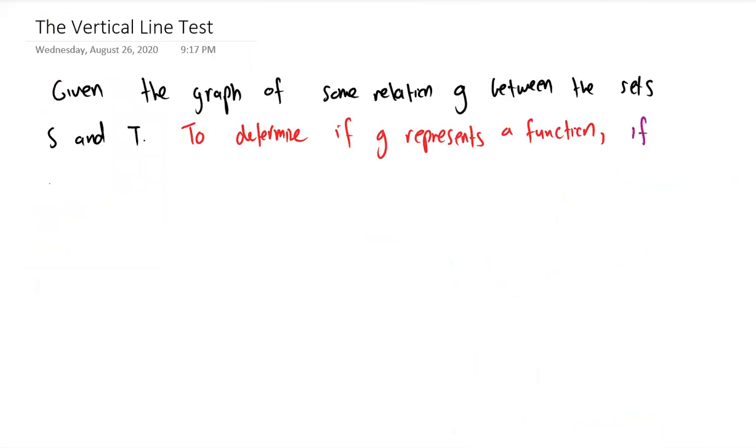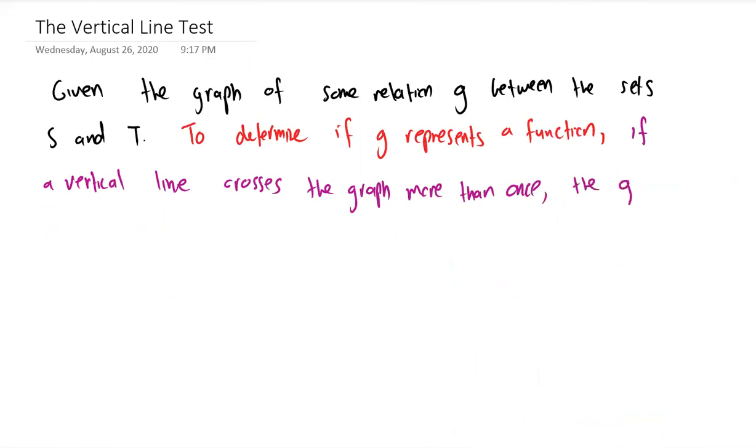If a vertical line crosses the graph more than once, then G is not a function, it's just a relation.